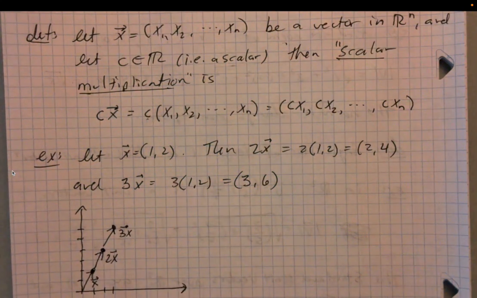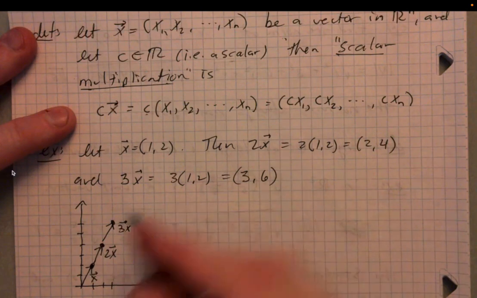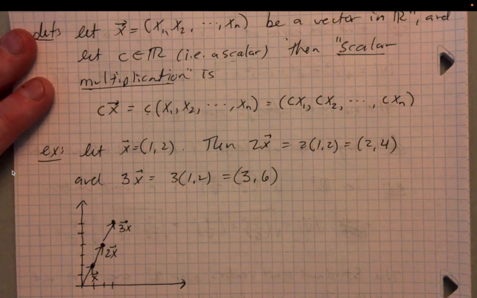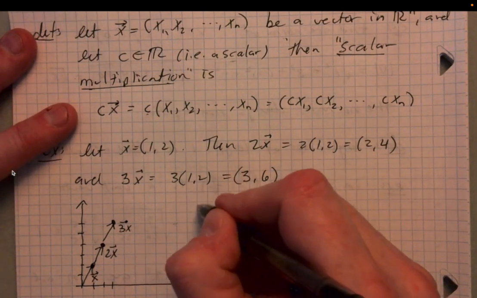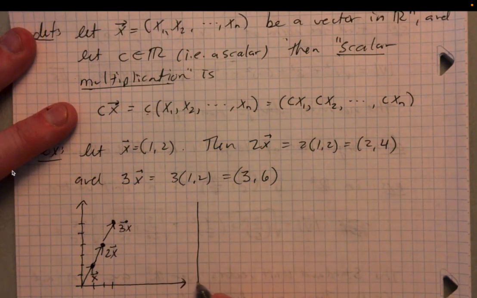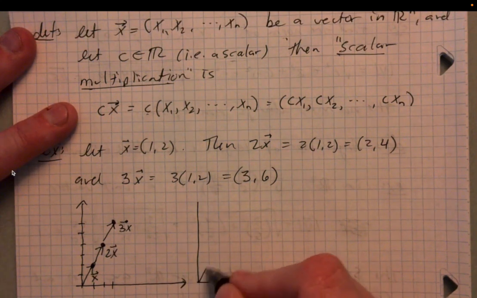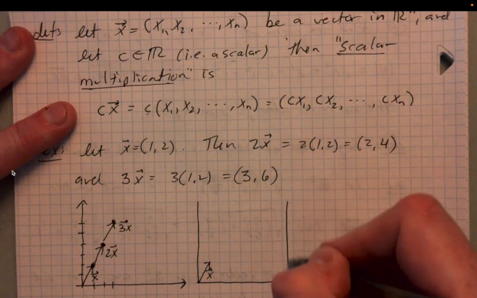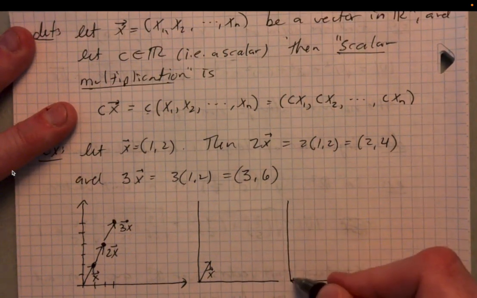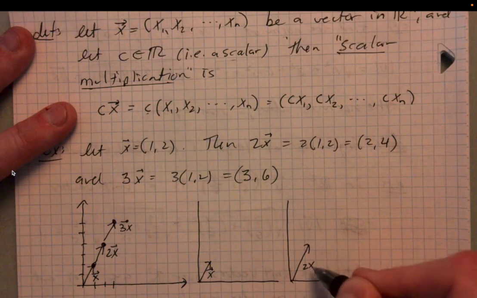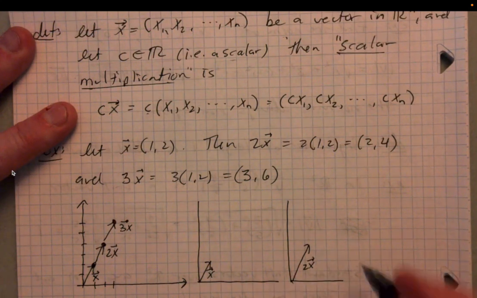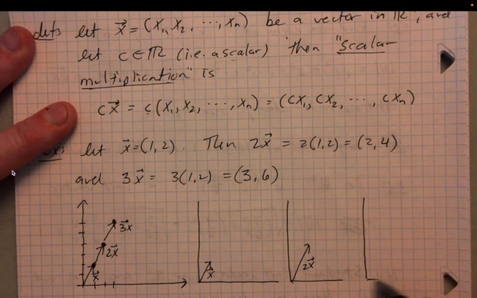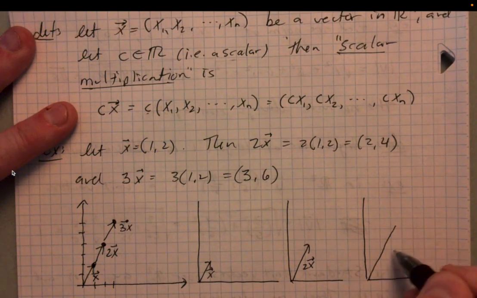Okay. It's important to notice here that when we write the vectors x, 2x, and 3x, what we really mean is this. Here we've got x, and here we've got the vector 2x, and here we maybe have the vector 3x.